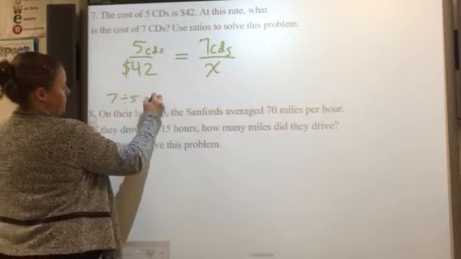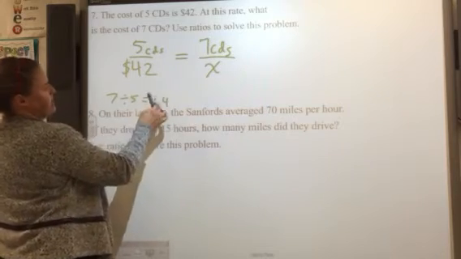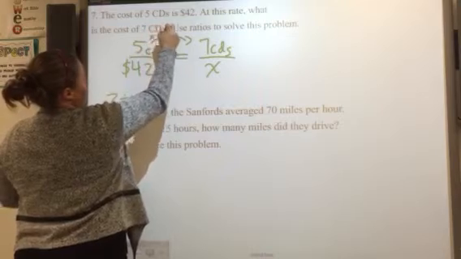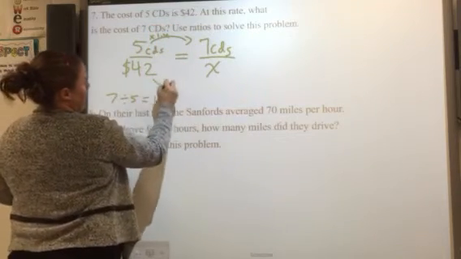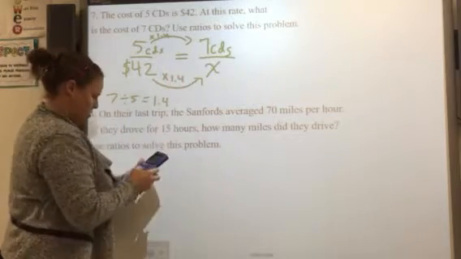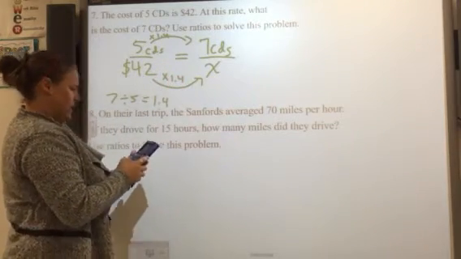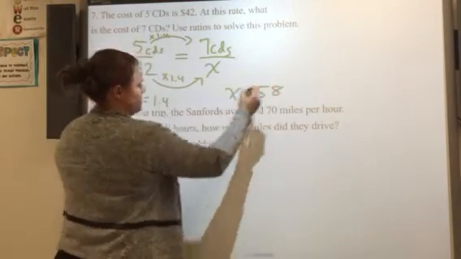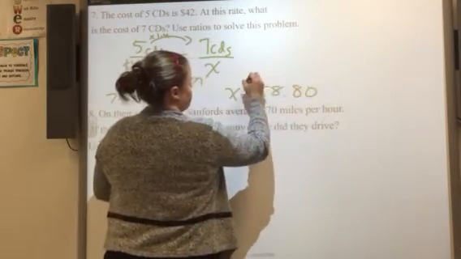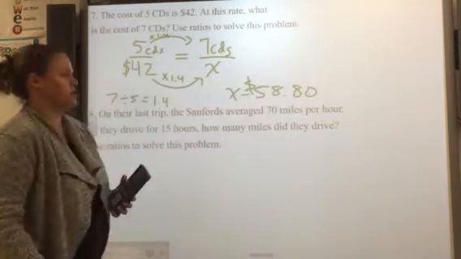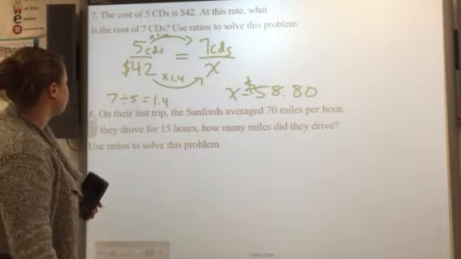And that's equal to 1.4. So I'm going to use that same information. 5 times 1.4 equals 7. And then 42 times 1.4 is equal to 58.8. So 7 CDs will cost $58.80.